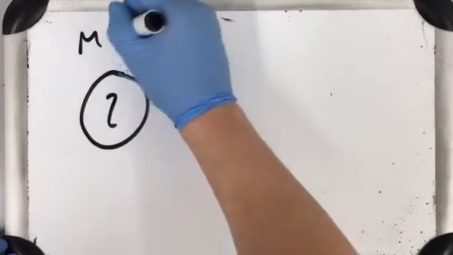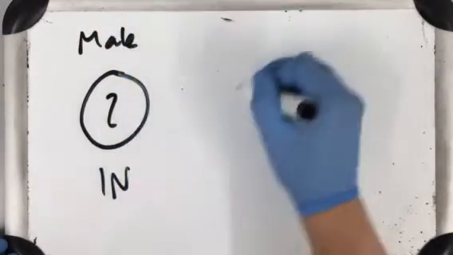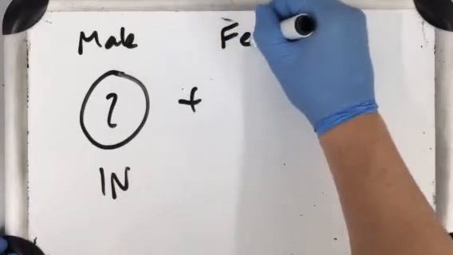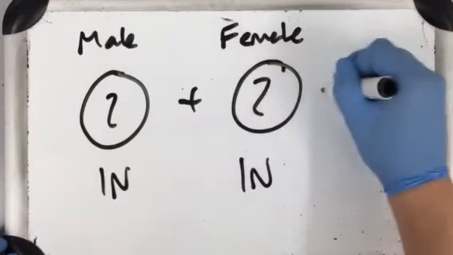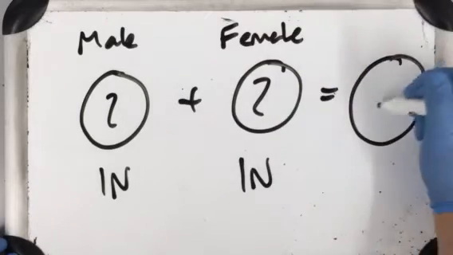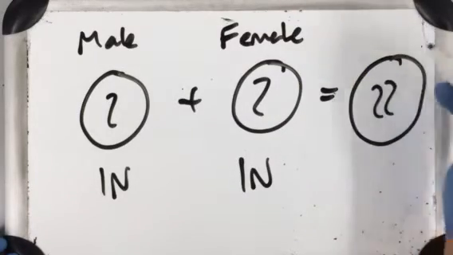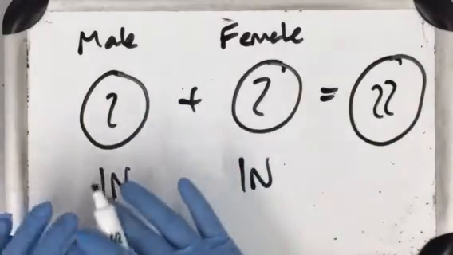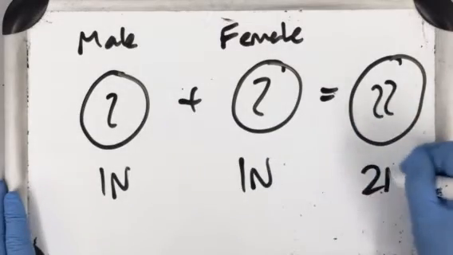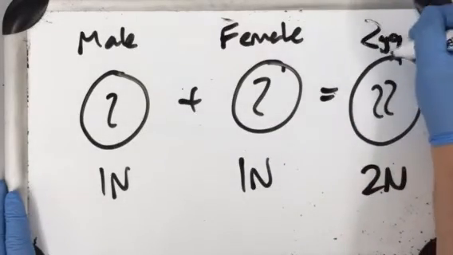So a 1n, say from the male, plus female. This is the zygote. This is where you have 23 full pairs of chromosomes. So these don't have 23 pairs, these just have 23 chromosomes. That's it, no pairs. And this is 2n, and this is the zygote.